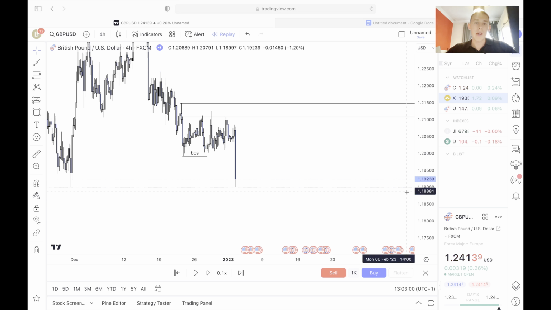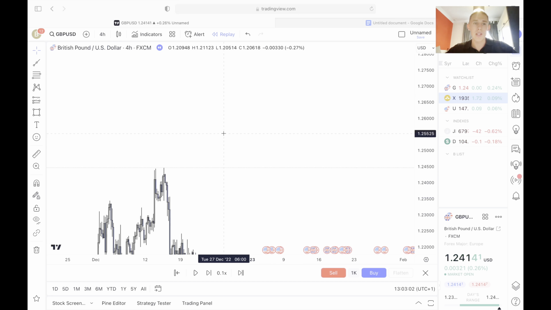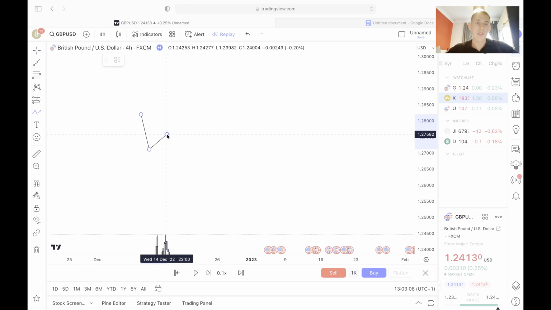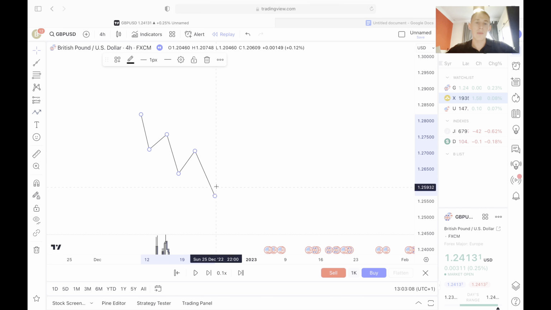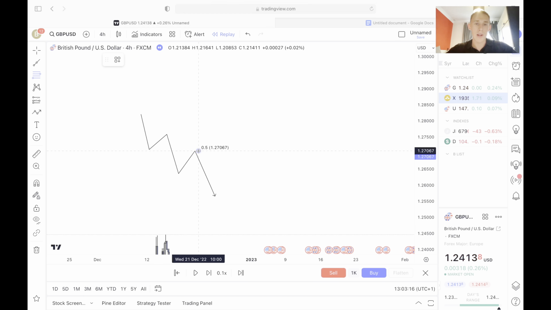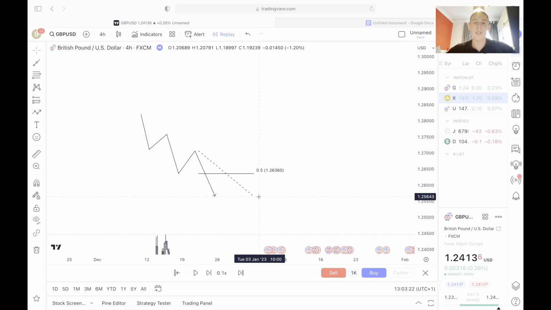So the next step, identify imbalance supply or demand in a premium or a discount. So what I mean by a premium or a discount is if we go up to this blank chart, if price is in a downtrend like this, a premium is basically above 50% of the current trend leg. So if we get the fib tool, we draw it from the low to the high, and all we want to do is see if price can retrace to above the 50%.